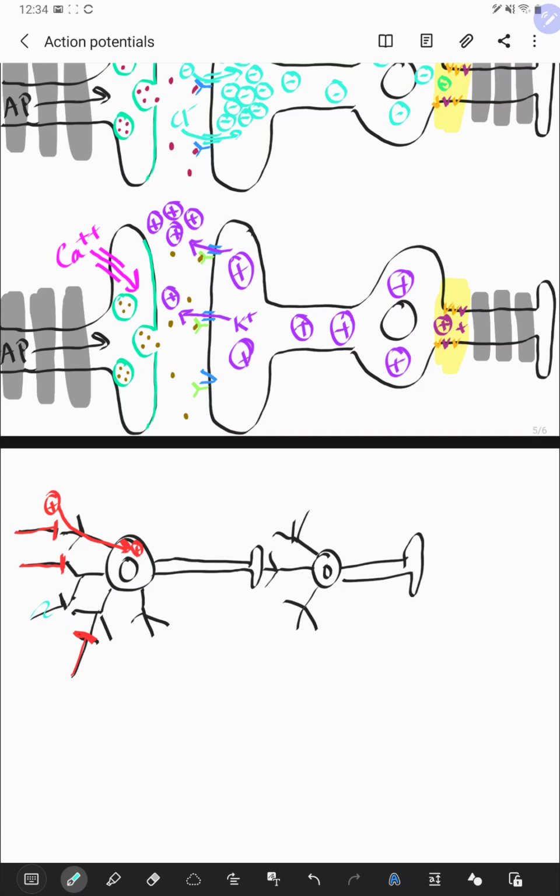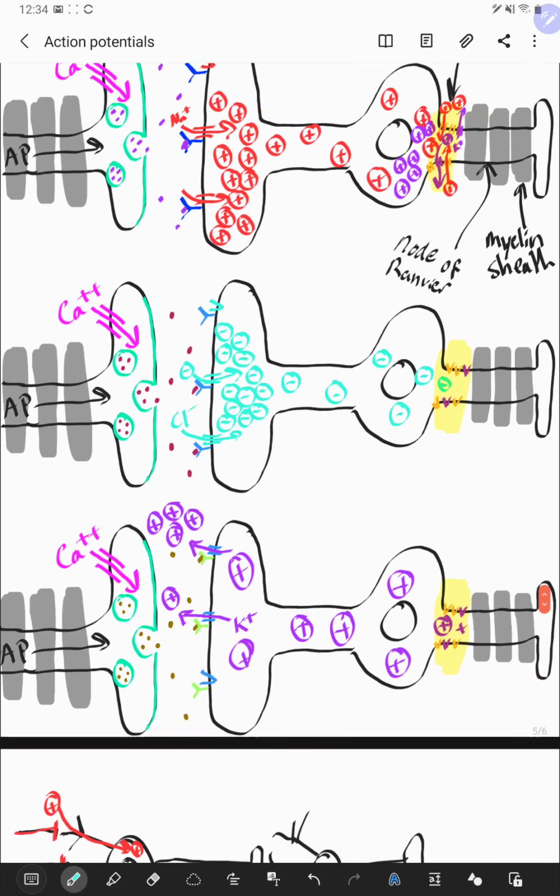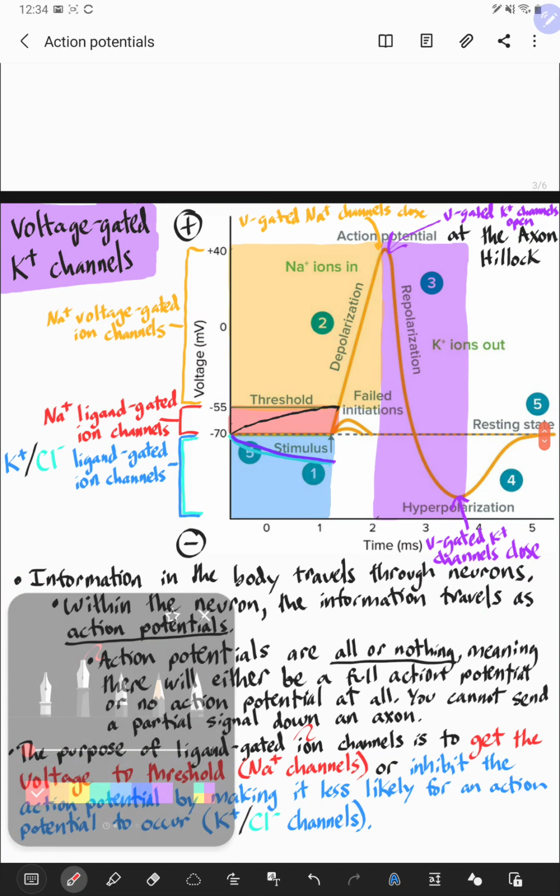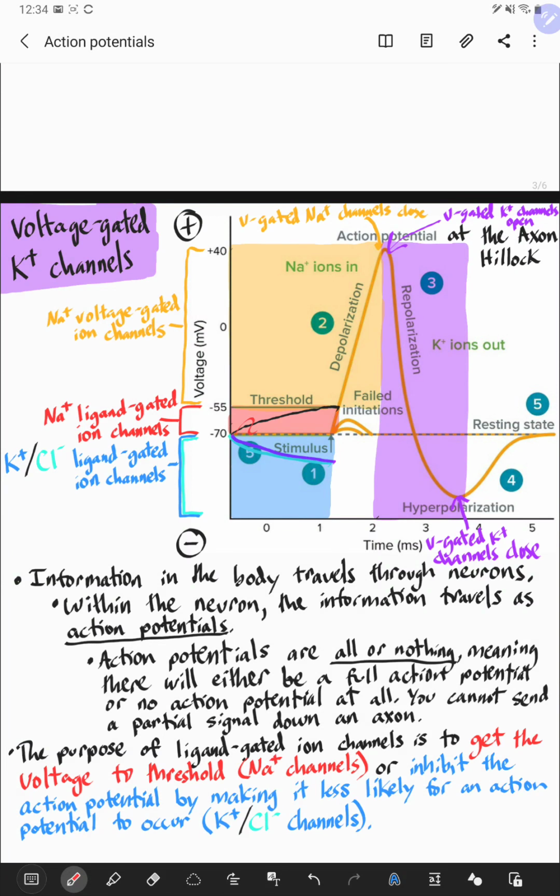And so what might be happening is chlorine might be entering here, and then we get some negative charges inside there at the same time as we're getting some of these positive charges. The sodium channels opening, having sodium flow into the cell, is going to make us more likely to get to threshold.